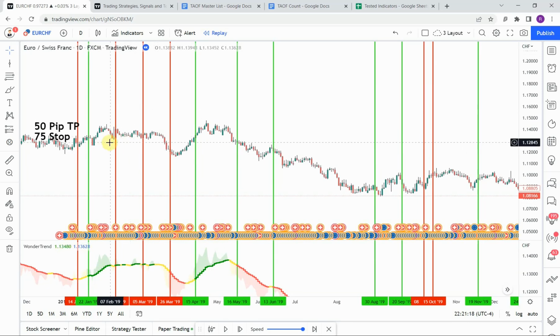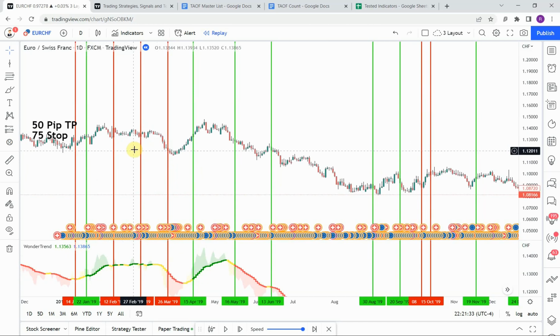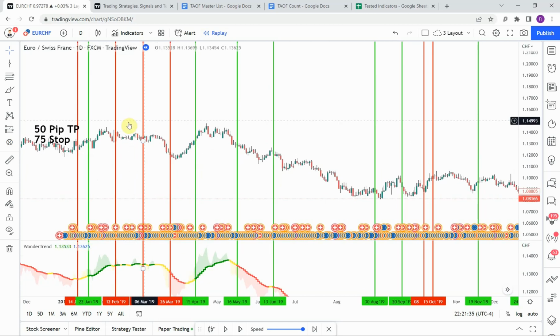Well, I guess it was still reading the long directions, but it kept throwing long signals but not actually going anywhere. And so it didn't necessarily whipsaw us in and out of the market like we've seen before on some other indicators. And so in that instance, it definitely did better than some other indicators that we've seen.